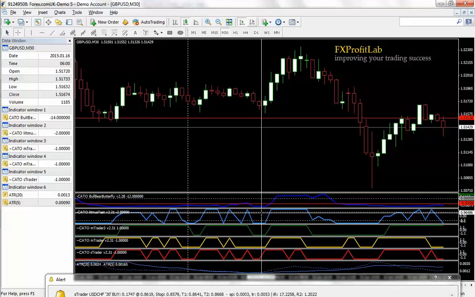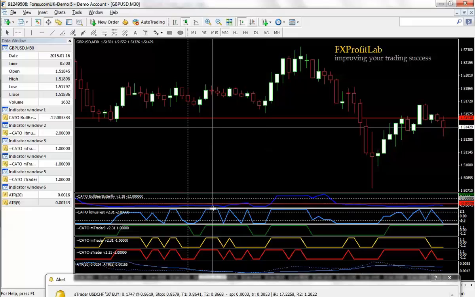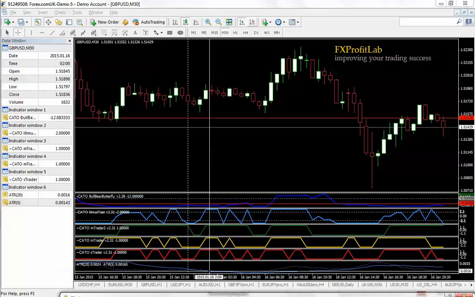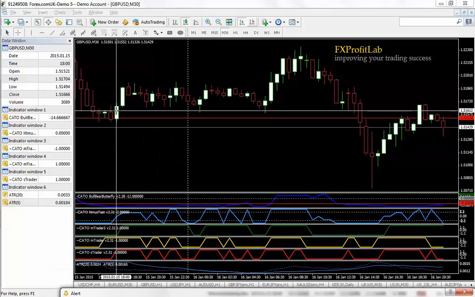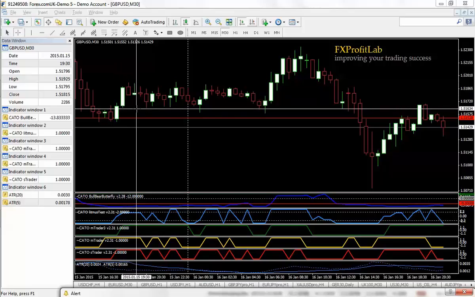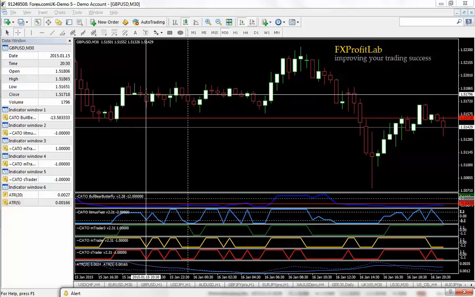What I would say about that though is that's the pound dollar, okay? And what you're looking at here is what time of day it is. Let's move this thing out of the way a bit so you see. So here that's 6 o'clock in the evening. That's the close of the American market.